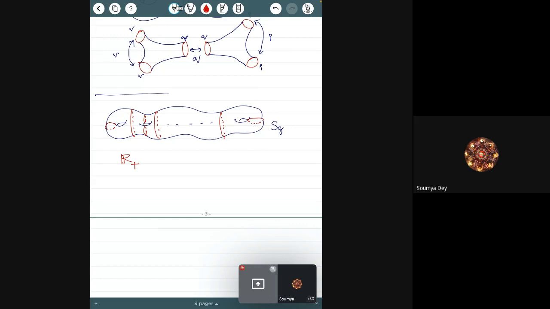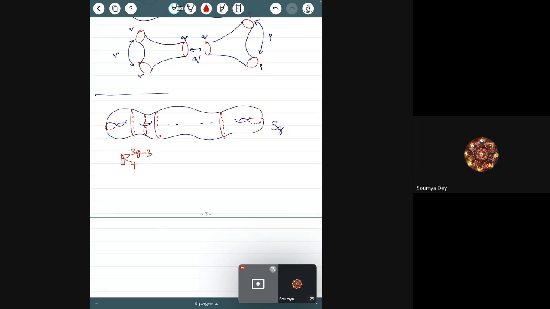So you have 3g minus 3 copies of this R plus. That many choices you have. So you consider R plus to the 3g minus 3. For each point of this set, you get a hyperbolic structure here. But then there is another set of choices involved here.